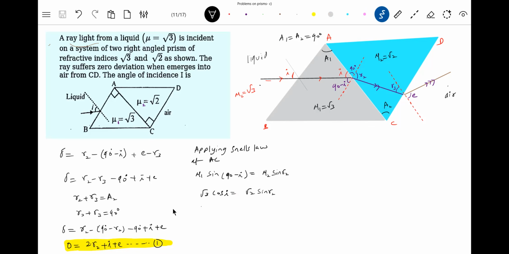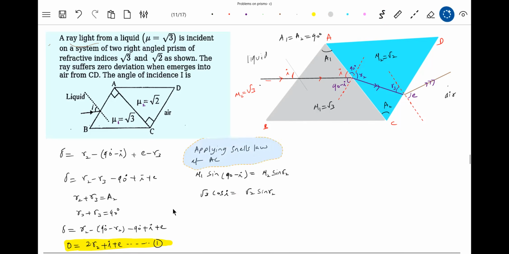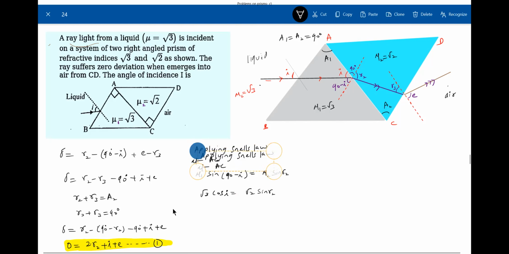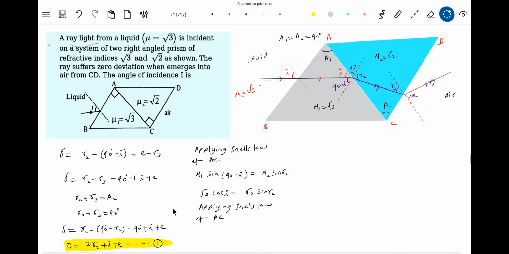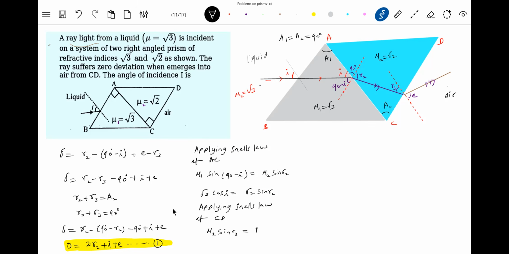Again applying Snell's law. One more, we'll apply Snell's law at CD. At CD, mu2 sine R3 is equal to 1 into sine E. So R3 I can replace as R2.